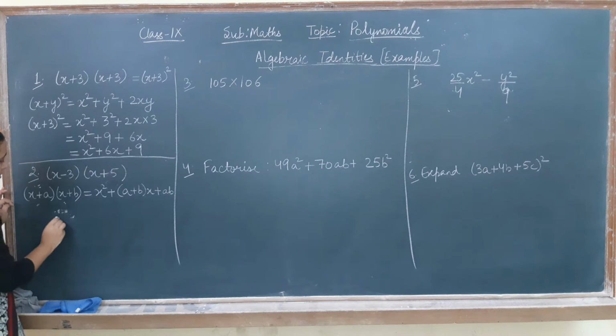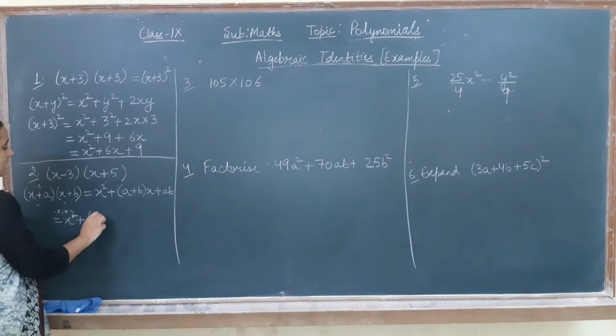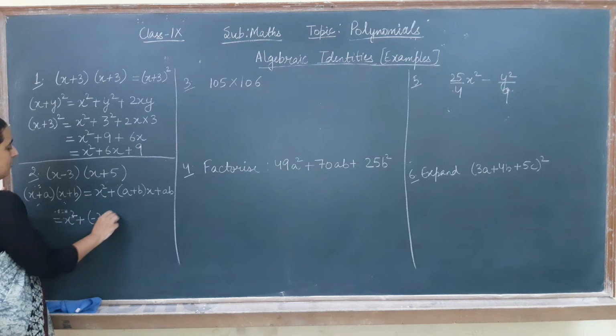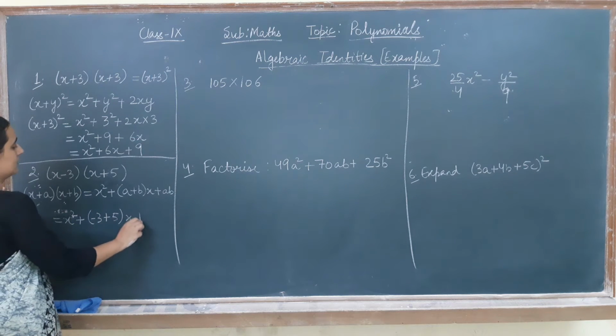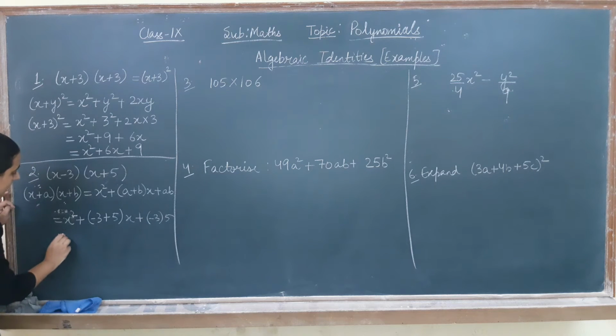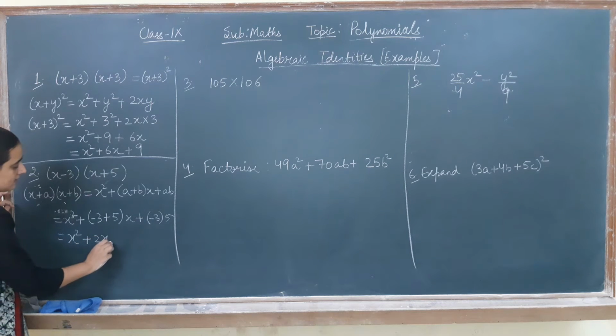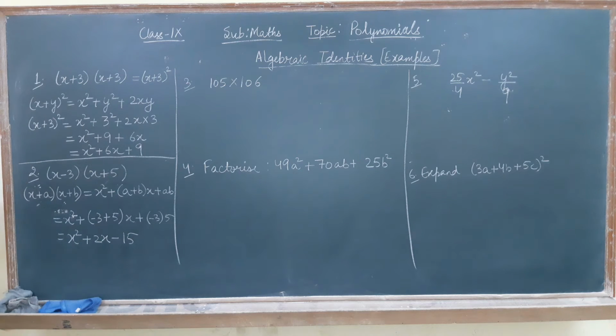So according to this, x is x only, plus (a plus b), now a is minus 3 and b is plus 5, into x, plus minus 3 into 5. So what will we get? x square plus (minus 3 plus 5), that means plus 2x, and minus 15. I hope both the things are clear to you.